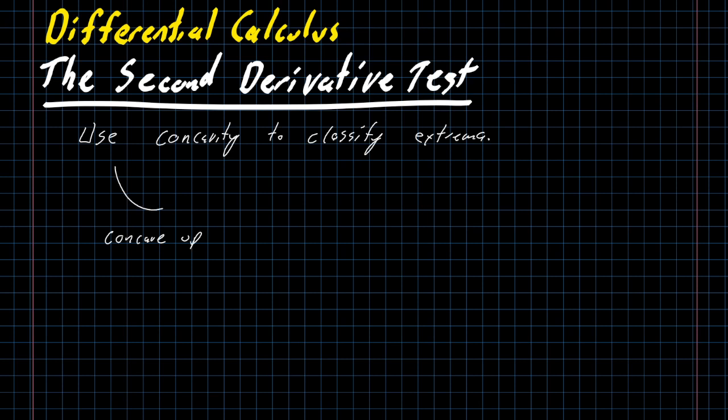If you think about a curve that is concave up, and you think about an extreme value that appears on that curve, well, graphically, it has to be a minimum, not a maximum.